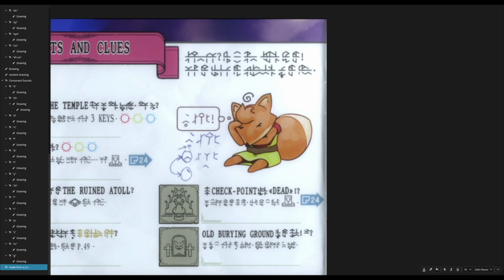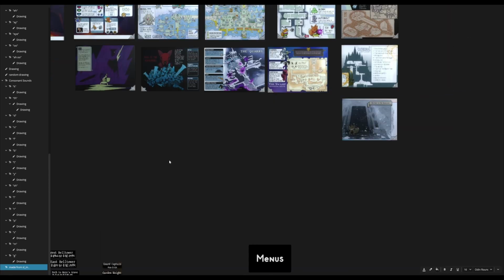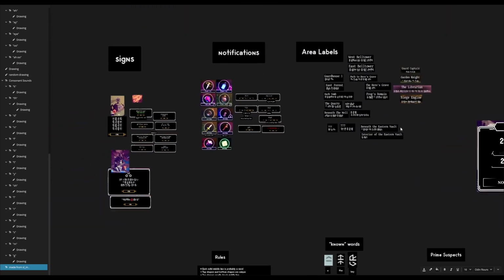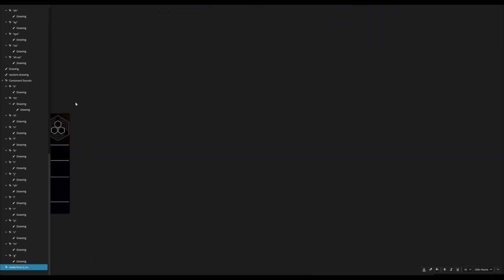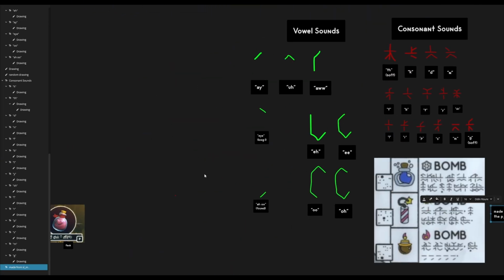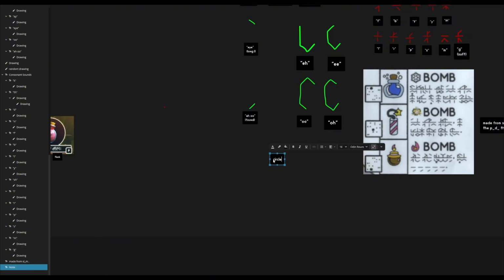So it's not an apostrophe necessarily. It means I'm gonna write this down under oh man, I need to update my rules. But I'm gonna write this down here. Circle under letter means vowel sound first. So that means every word that starts with a circle underneath it is a word that starts with a vowel sound.